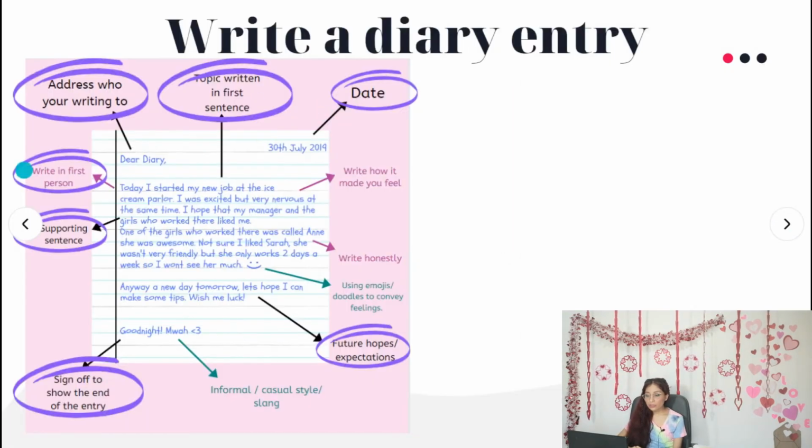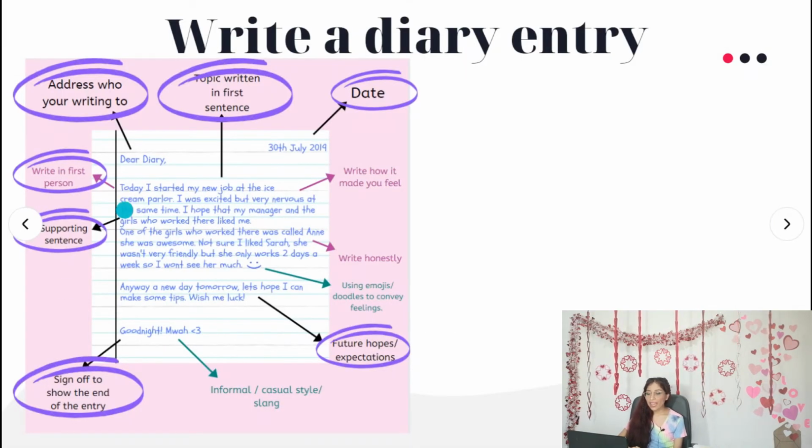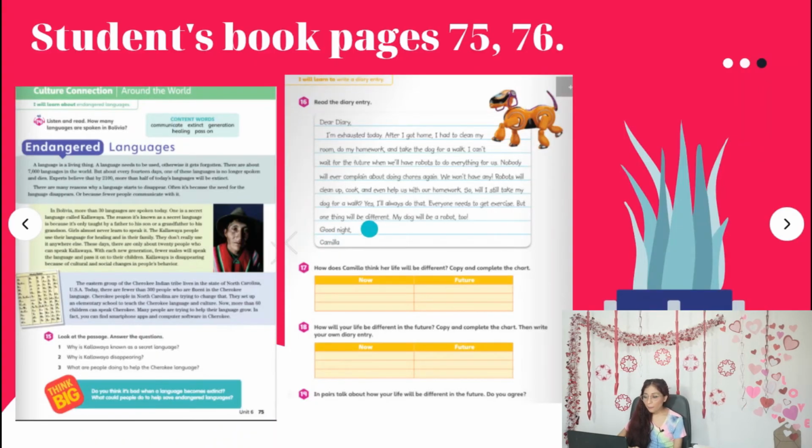Next, she wrote everything in first person, for example, I'm exhausted today, I got home, I had, etc. I can't wait, etc. Okay? She explained her idea, and also she said goodbye to the diary.